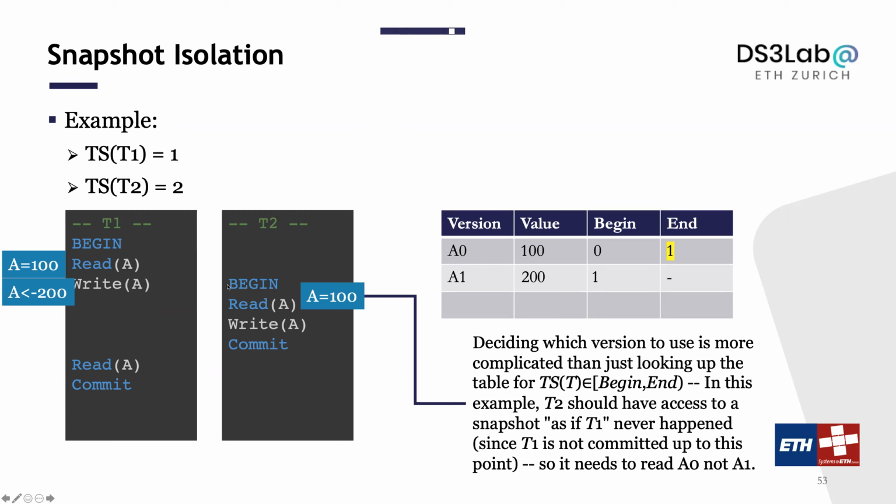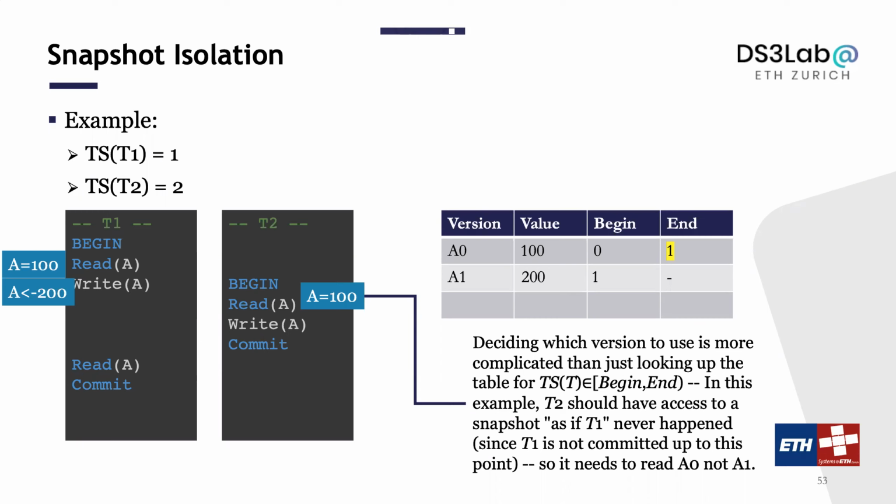So we want T2 to have access to a database state as if T1 hasn't happened yet. That's snapshot. T1 is doing its updates in its own snapshot. All other transactions don't know. When T2 tries to read the value, it needs to read the value as if T1 hadn't happened. So T2 should read version A0.